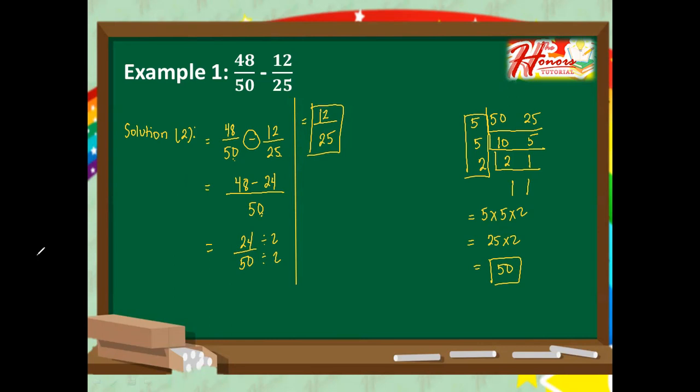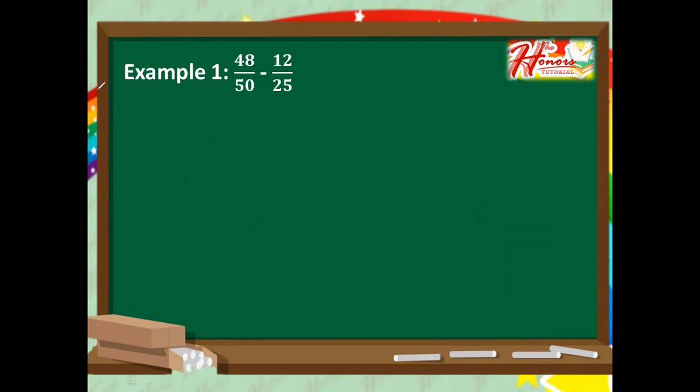Let us have another example. So we have here 32 over 35 minus 36 over 75. So let's have our solution here.